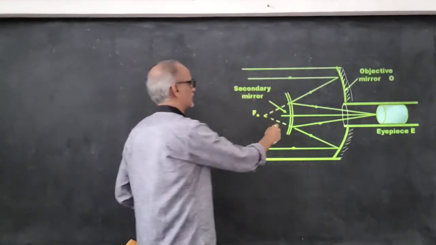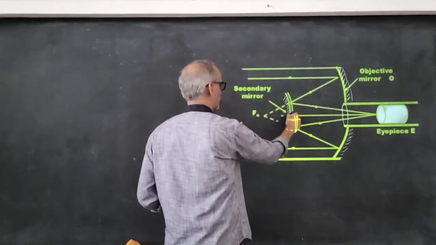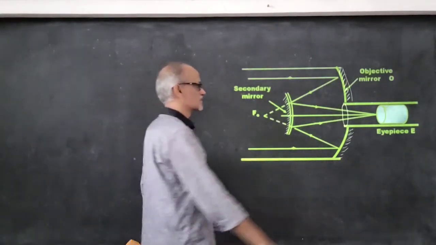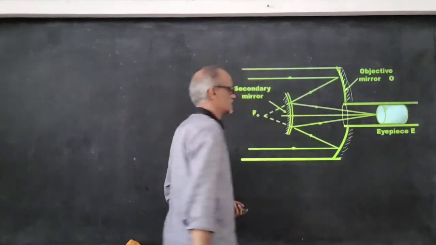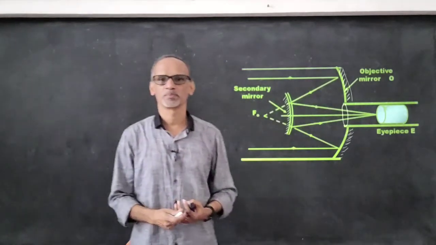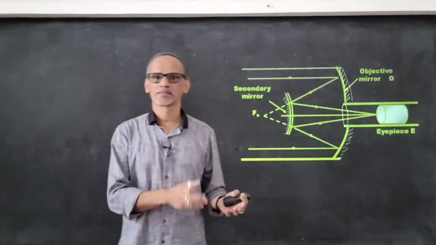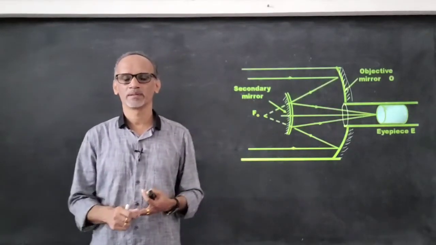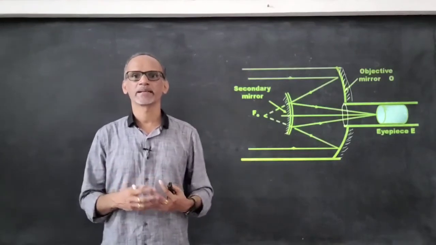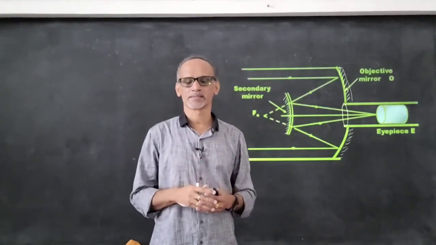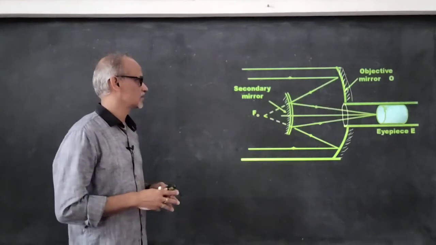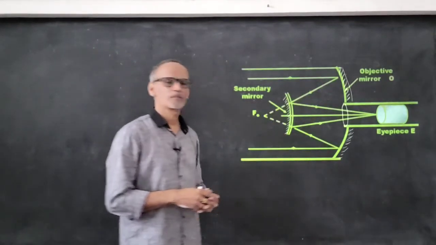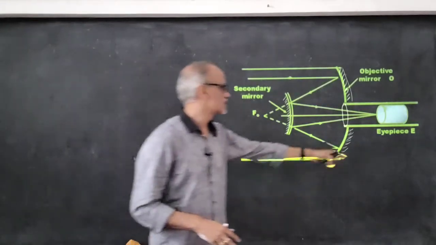Then we use a convex mirror here, and then finally we use a lens. So, this is a reflecting type of telescope. What we have studied earlier, that is a simple microscope or compound microscope or even the telescope, is a refracting type of telescope where we use only lenses. But in reflecting type of telescope, mainly we use a mirror, but to view the object, finally we use a lens.